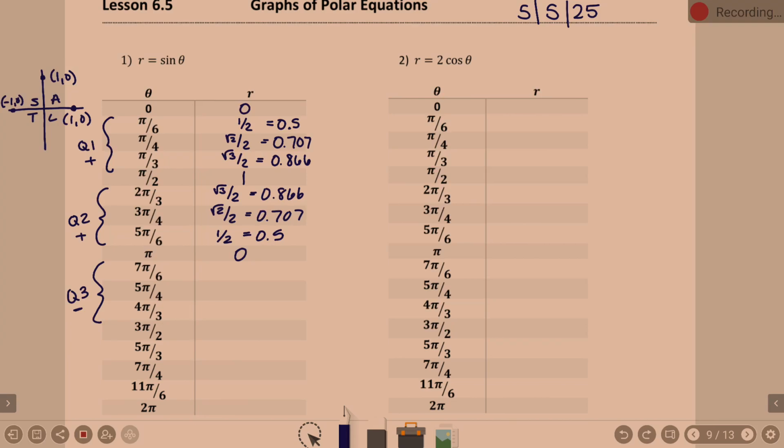So that means I know my answers here are all going to be negative. So the sine of 7 pi over 6 is the negative 1/2. Because again, it's my pi over 6 angle, right?